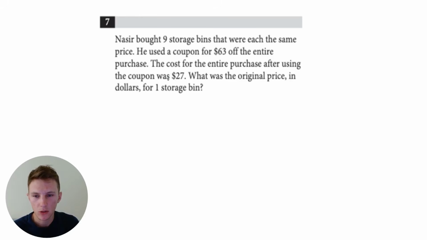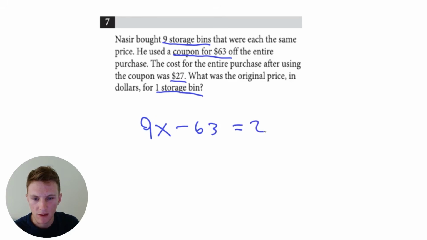So Desmos can also be used to answer word problems. We just have to set up the equation first. So in this scenario, we have 9 storage bins. We use a coupon for $63 off, and the final price is $27, and we're asked to find the price of 1 storage bin. So let's set up an equation for that. We'll do 9 times the price of the storage bin, 9x, subtract the 63 for the discount, and set it equal to 27.